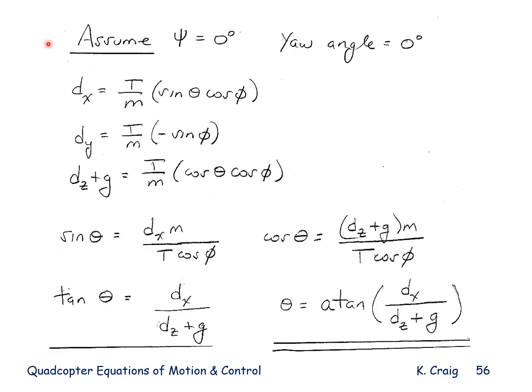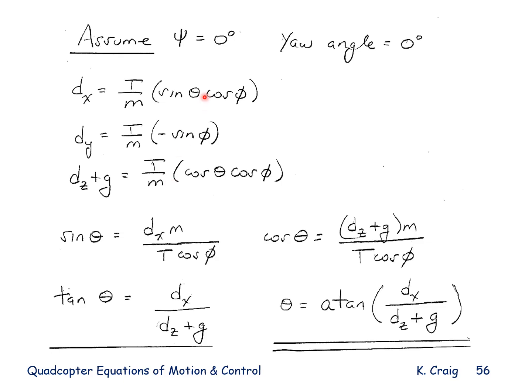I will assume that the yaw angle psi is 0 degrees, as we want to maintain that angle at 0 degrees so that the x direction is maintained constant. D sub x, d sub y, d sub z plus g then reduce to these following three expressions.